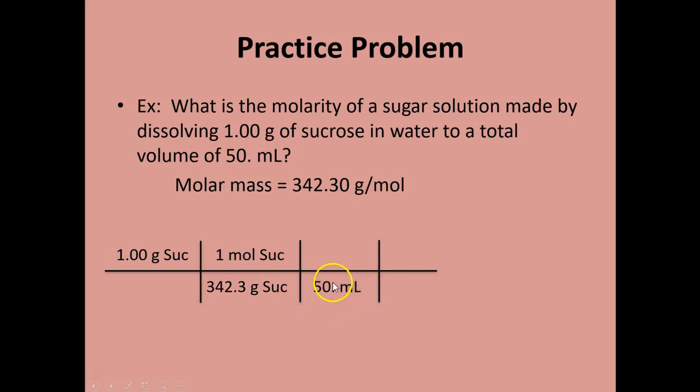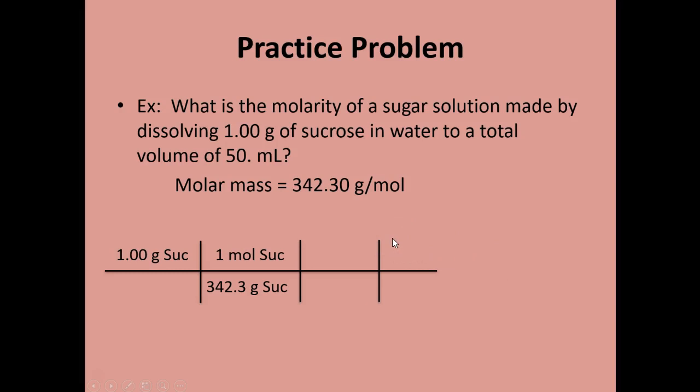But remember that molarity actually is in moles per liter, and so to get milliliters into liters, we've got to do one more operation, which is that 1 milliliter is equal to 10 to the minus 3 liters. And when I do that, I get an answer which is 0.058 moles of sucrose per liter. So that would be the molarity of the solution, 0.058.